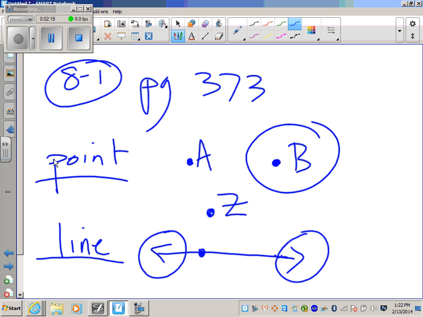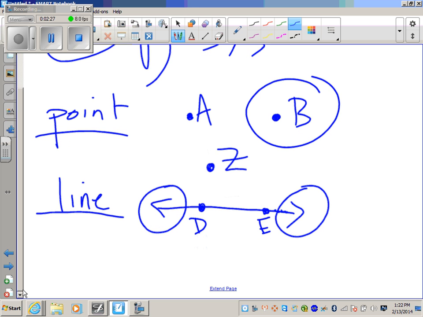If we were to have points on a line like such, we would label this particular line as line DE, and we label that with a little mini line with the arrows on it over the top. Or, if we didn't want to go DE, we could go ED if I wanted to label what particular line I was referring to.